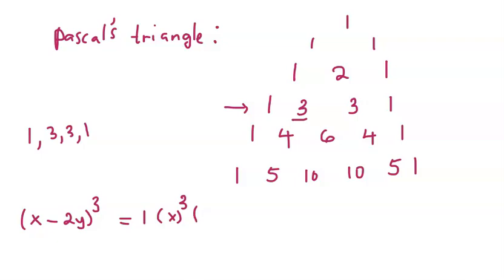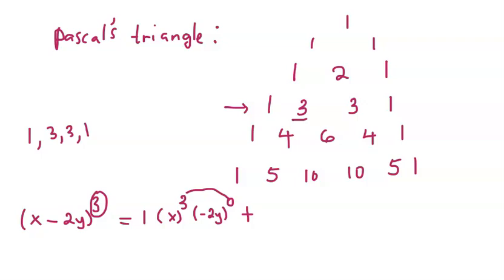Then multiply by the second term in the bracket, negative 2y, which will have a power of 0. The powers of the first term are descending, and the powers of the second term are ascending. But take note that whenever you sum these powers, you must get 3. Here we have plus.